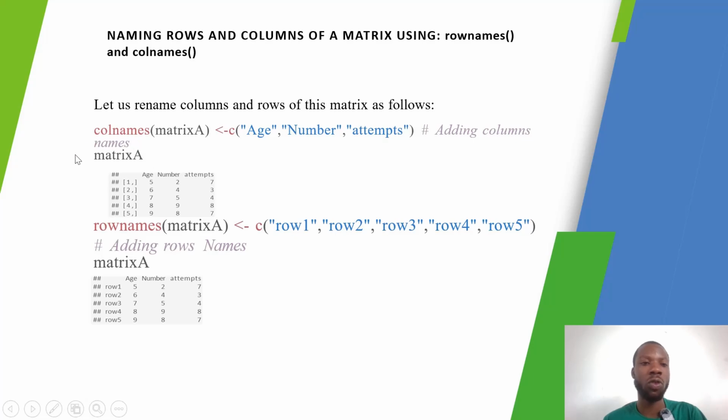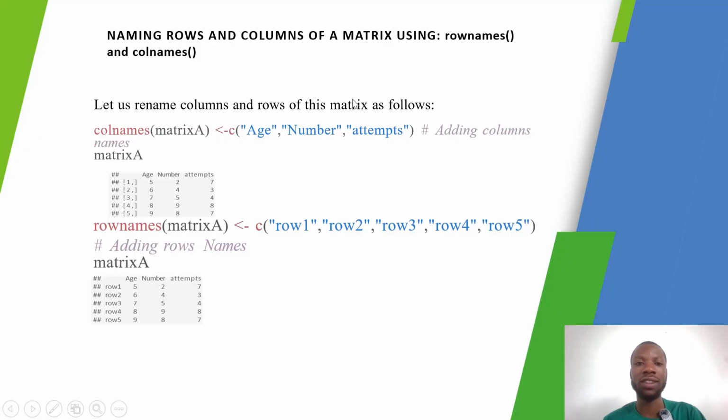So if we need to add labels, like names, we will use colnames, put the name of the matrix, put equals, and use the concatenate function, which we have seen in vectors. The concatenate function helps us to combine.